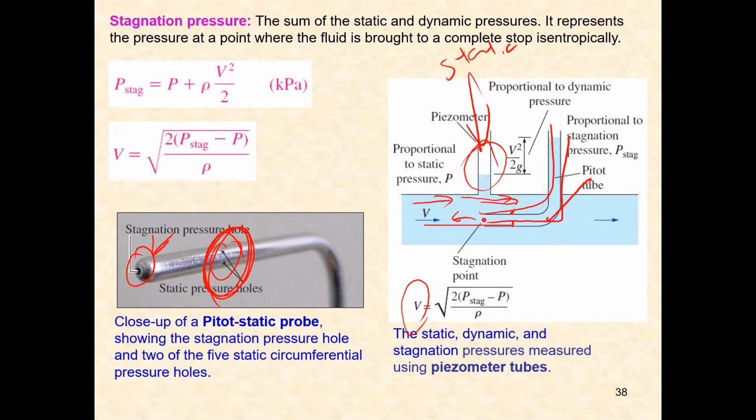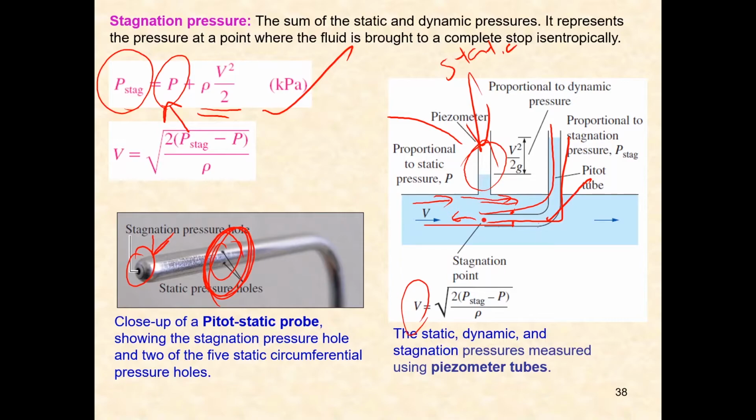Just use, basically this is equal to the first one. This is the stagnation pressure, which is the static pressure plus the dynamic pressure. This is the one that is being captured by the one on the right. And then the piezometer here only captures this P. The other one, the one that is bent, captures both of them, P plus rho V squared over 2.